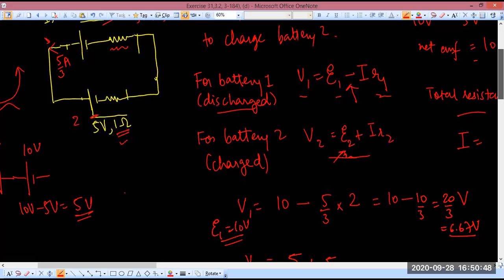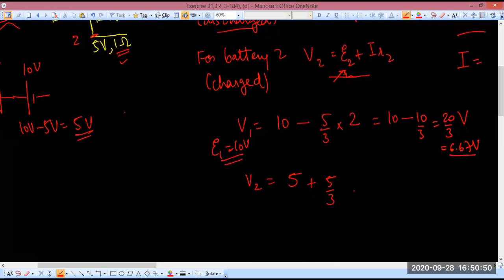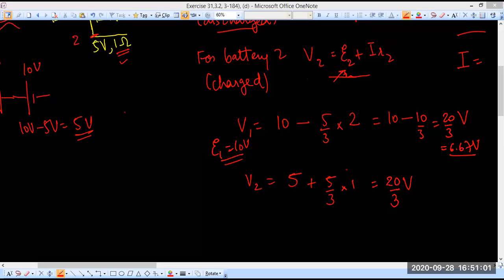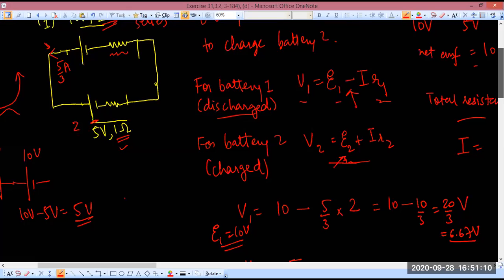Into R2, which is 1, this is going to be once again 20 by 3 volt, and this is not a surprise.